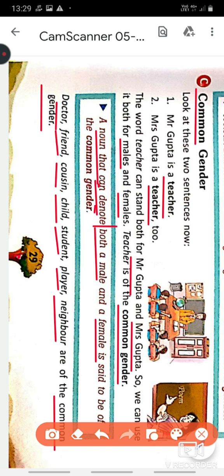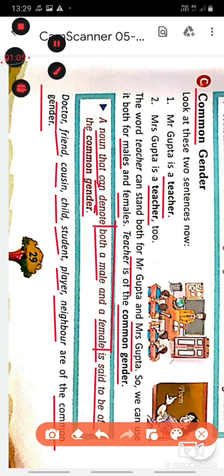Make a box around it. Both a male and a female is said to be of the common gender. Likewise, there are many such words, children, especially the professions, engineer, lawyer, judge, etc., which are common for both a male and a female, and thus are termed as common gender.